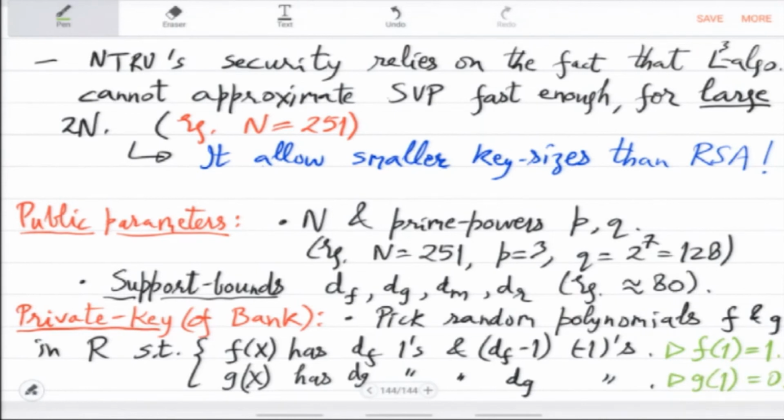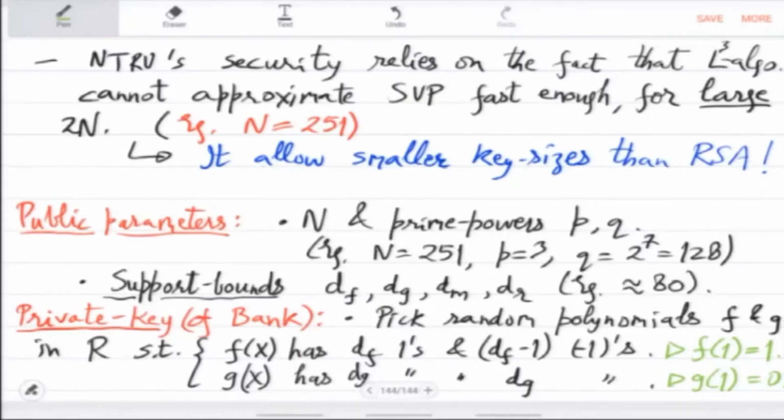Okay, so randomly these polynomials are picked. There is a lot of choice because if you take df, dg to be 80, then there are around 80 positions to be picked out of n positions, right? So 80 positions out of 251.